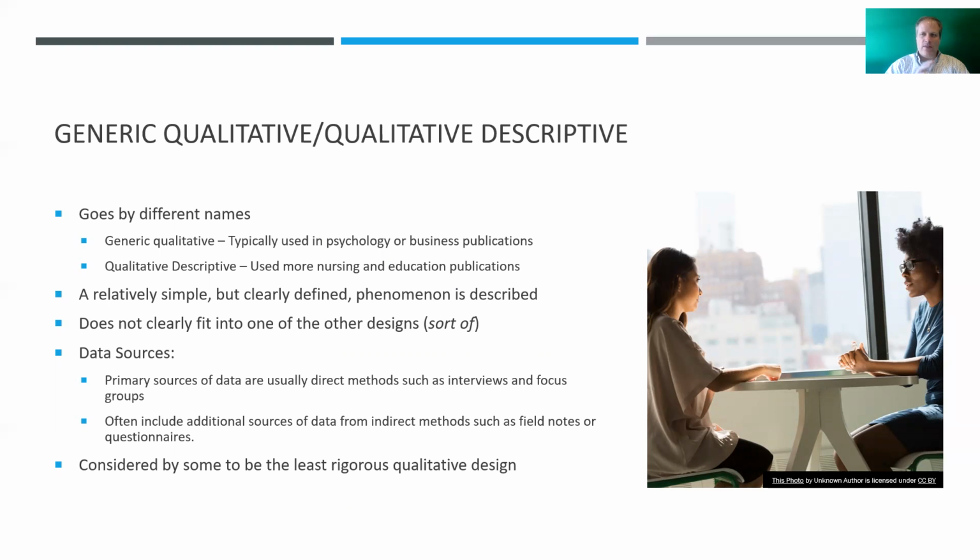Some folks consider it the least rigorous of qualitative designs. I personally disagree with that because if you take a good qualitative descriptive and you go through a rigorous process to collect your data, you do reflexivity to check your biases, you go through a very clear qualitative analysis process, it's still pretty rigorous. But there are other folks who kind of feel differently.